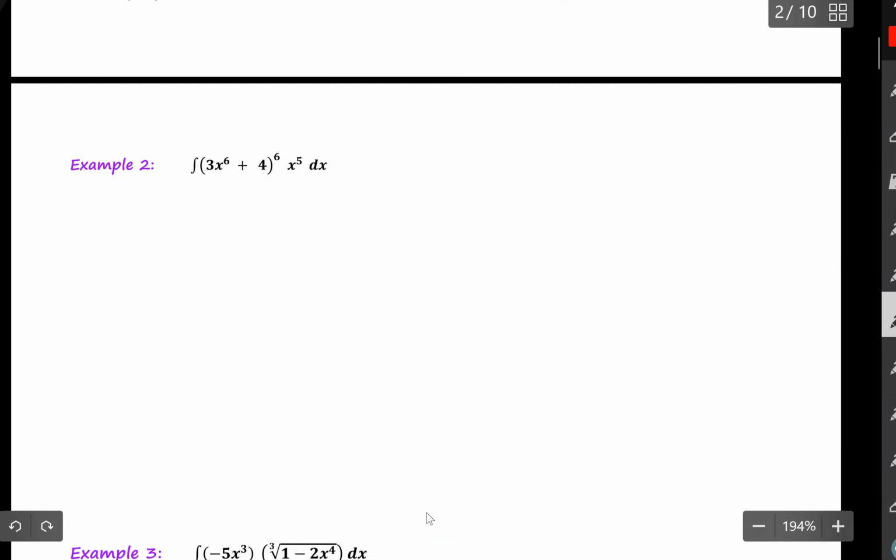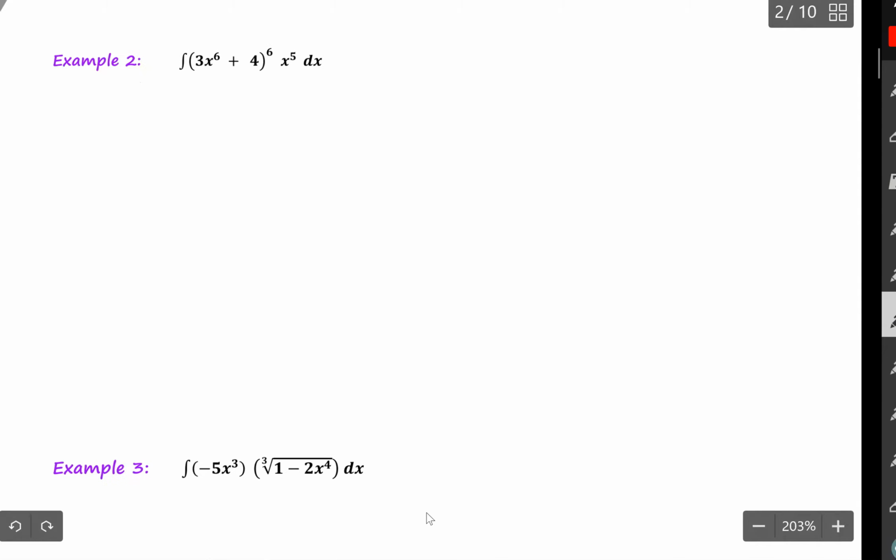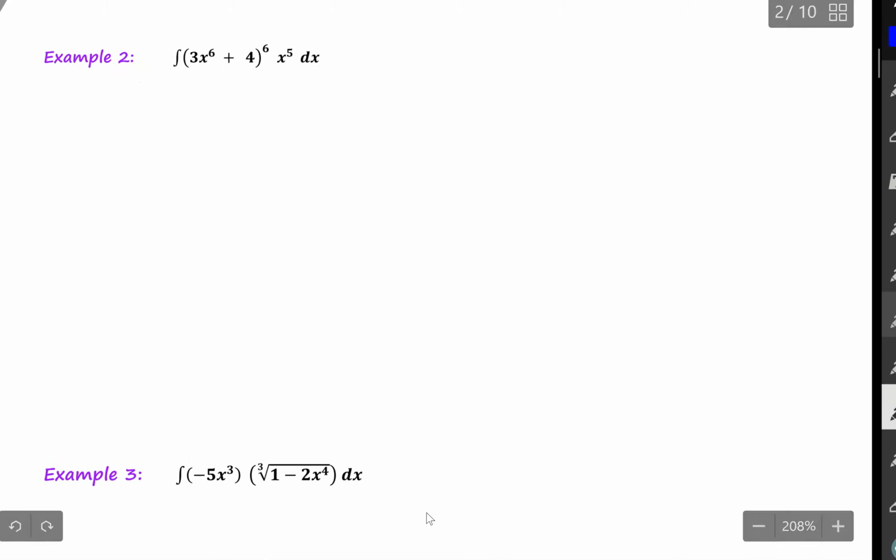Okay, so let's start with example number 2. So for this example number 2, obviously you see that you will let 3 multiplied by x to the exponent 6 plus 4 be the function of u. So I'm going to let u equal to 3x to the exponent 6 plus 4.